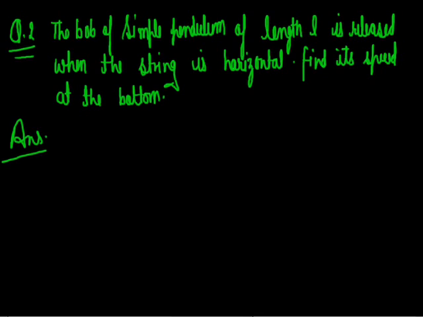Solution. First, we draw the diagram. It is given that the bob of a simple pendulum of length L is released when the string is horizontal. Suppose this is a simple pendulum of length L, released when the string was horizontal, like this.